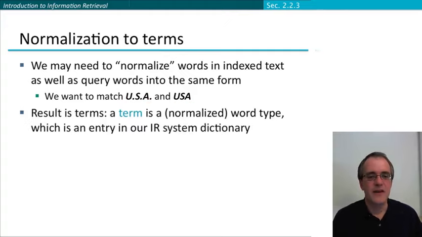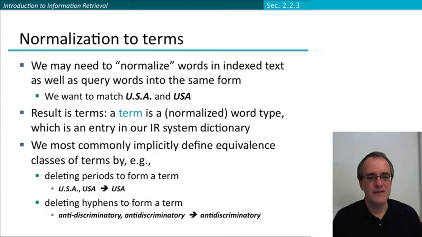So a term is a normalized word type which is an entry in our information retrieval system dictionary, and it may differ from the actual tokens that appear in a text by having applied various kinds of normalization rules. So the most common way to do this is to implicitly define equivalence classes of terms by writing normalization rules. So for example, I just mentioned that one already.